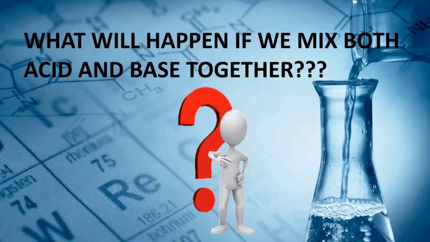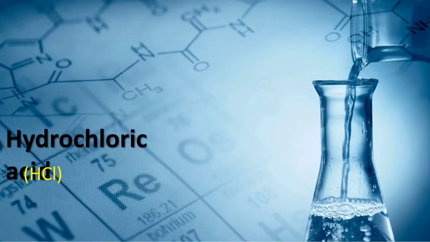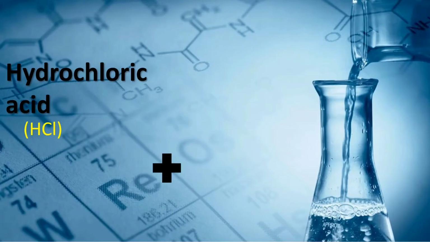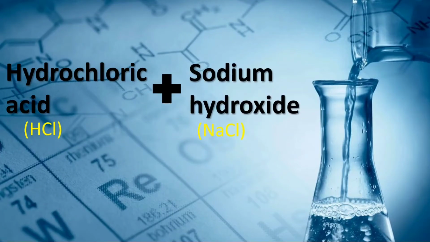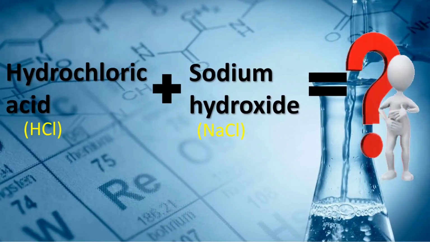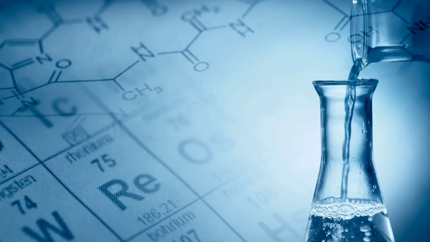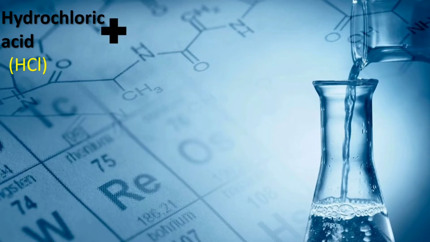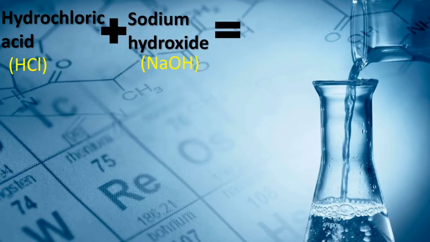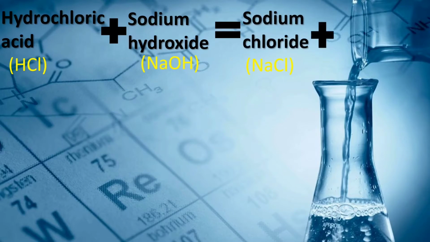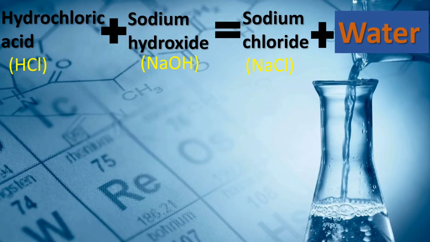So the answer was, when we mix an acid such as hydrochloric acid and a base such as sodium hydroxide, what is the result of this reaction? When hydrochloric acid is mixed with sodium hydroxide, it is going to give NaCl, that is sodium chloride, plus water, H2O.